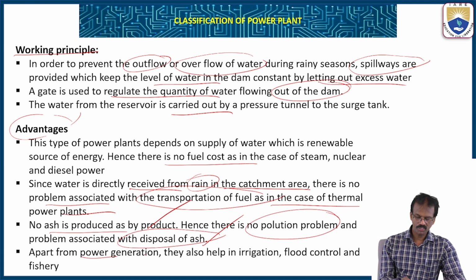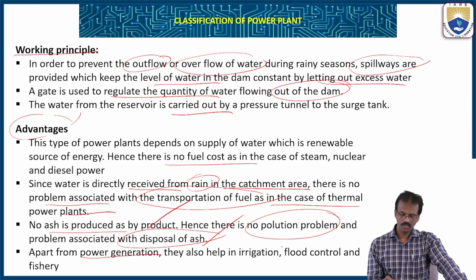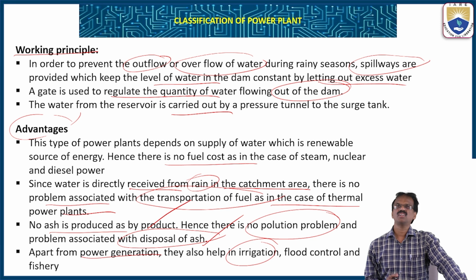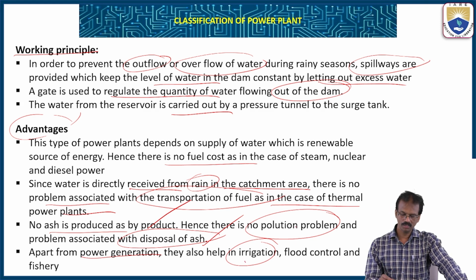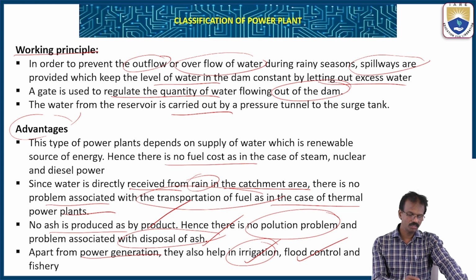Apart from power generation, they also help in irrigation, through collecting and releasing of water. They are helpful for the irrigation process, and flood controlling, and fisheries also.